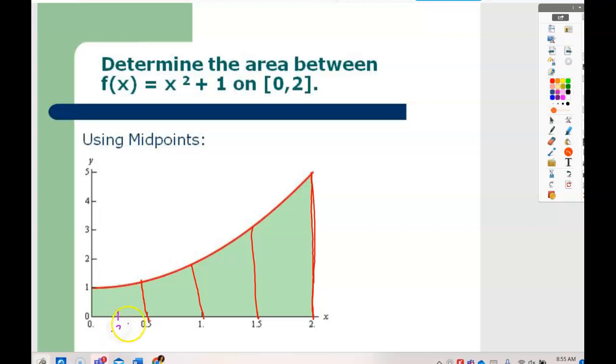So you would have to find the height at 0.25 and make your rectangle. At 0.75 and make your rectangle. At 1.25 and at 1.75.